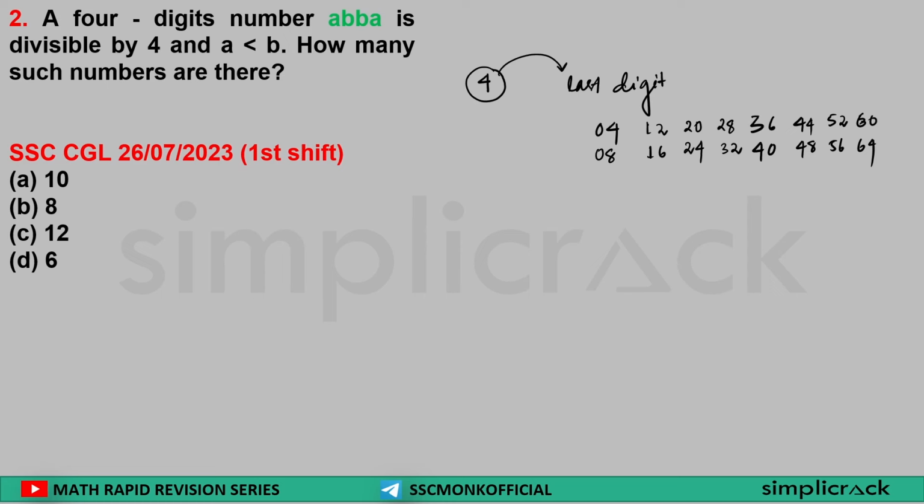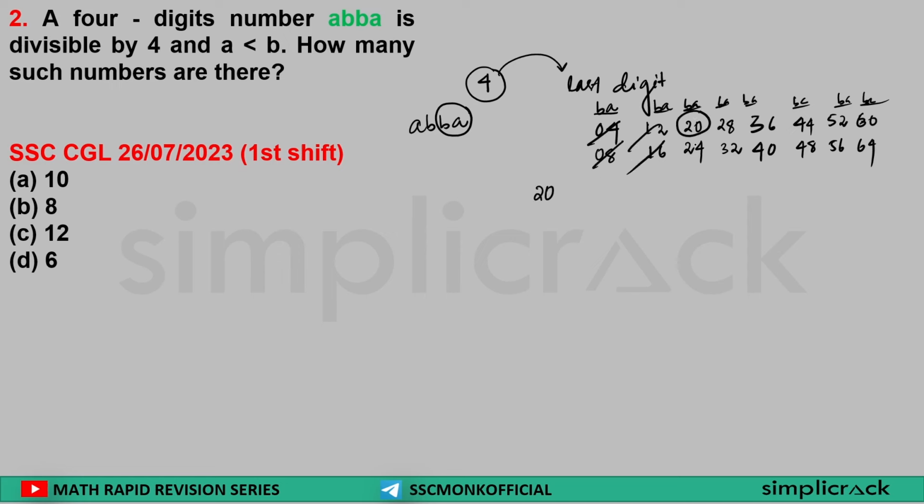But now what it is saying, the question format will be A, B, B, A. That means my last two digits are B, A. So all these are in which format? B, A. And B will always be greater than A. That means these are not right. This one is right.